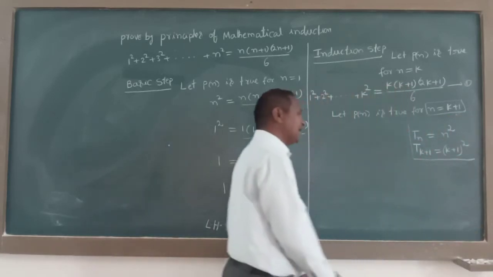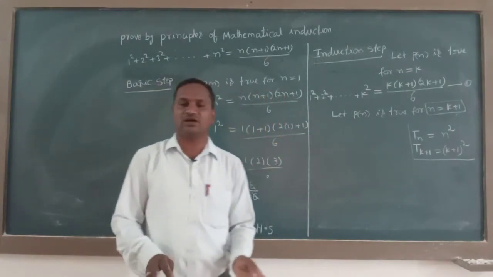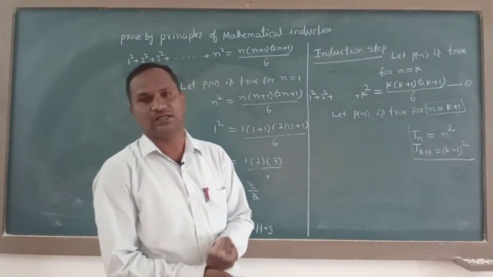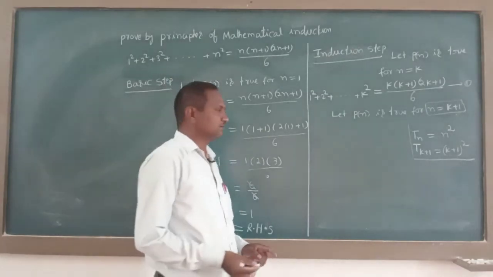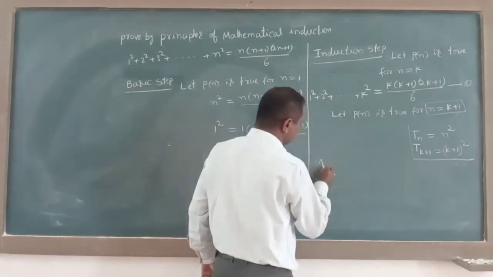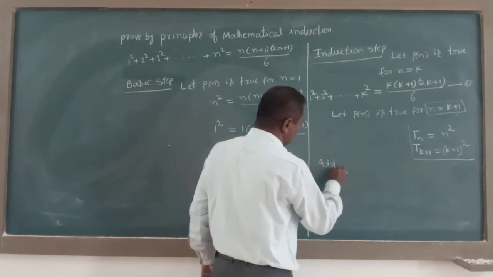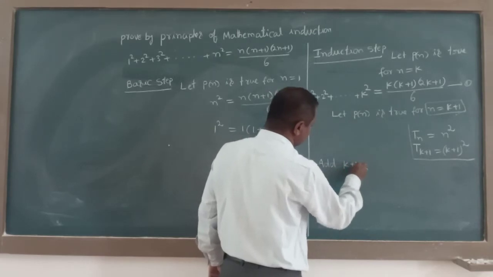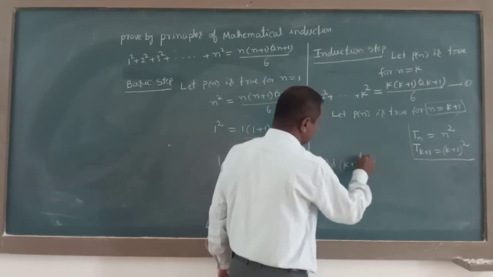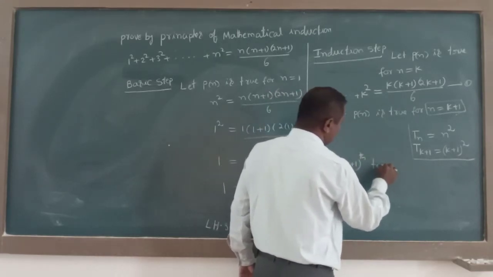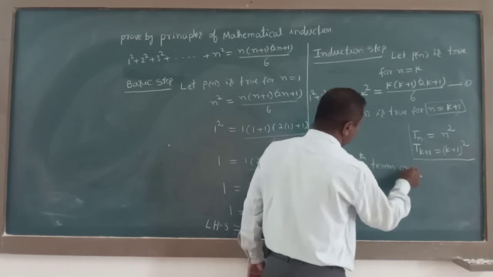Now we are going to add the k plus 1 term on both sides of equation number 1. To equation 1, we must add the k plus 1 term on both sides.